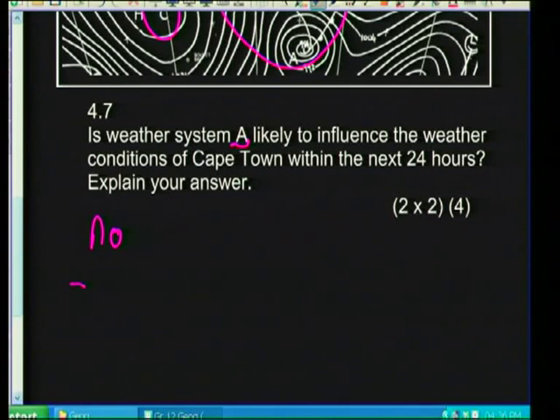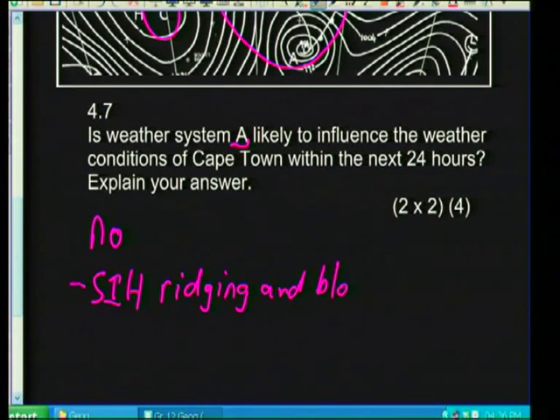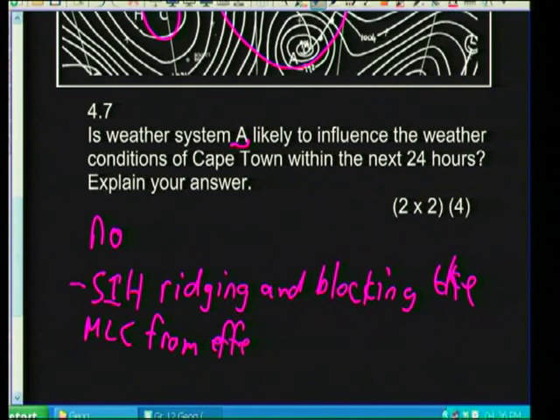So the answer is no. First one, the South Indian high is ridging and blocking the mid-latitude cyclone from affecting the country.